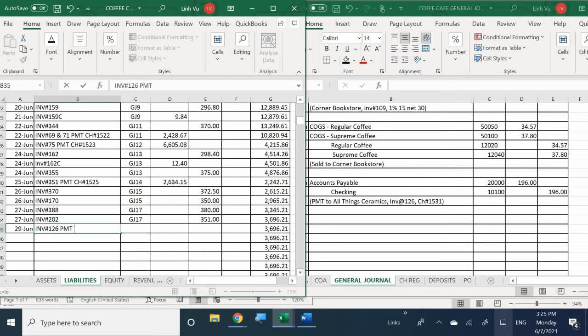Payment. Check number 1531. General Journal 19. For 196. Okay. So what is our account balance here? $3,500.21. Good.